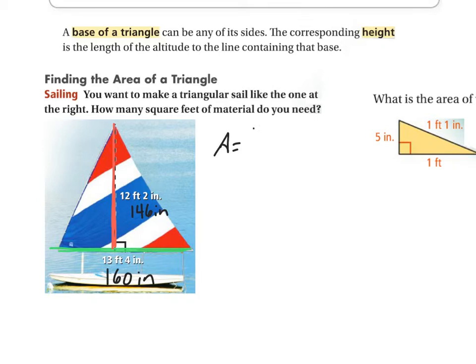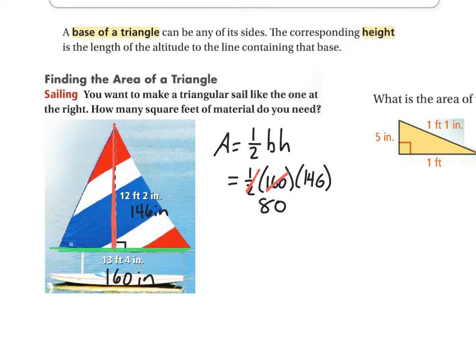So our area is 1/2 base times height. So that's going to be 1/2 times 160 times 146. Well, I know that half of 160 is 80. So I can take 1/2 times 160, that gives me 80.